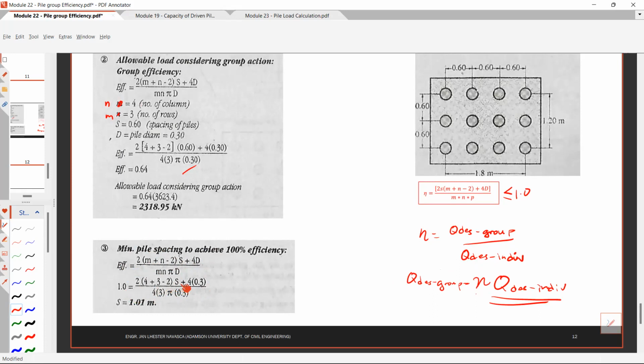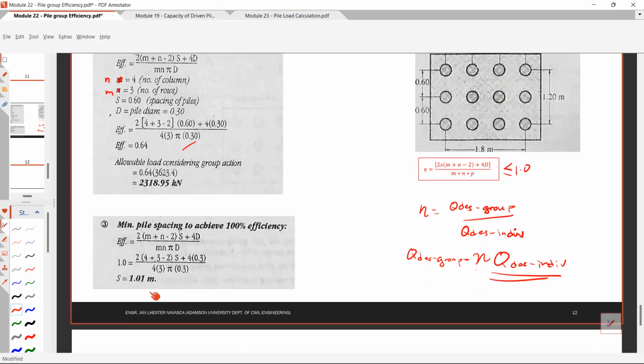Substitute all the values: m is 3, n is 4, the diameter is 0.3 and the perimeter is pi times d. And solve for S, you will have 1.01 meters. So here you get the pile spacing once the pile efficiency is found.